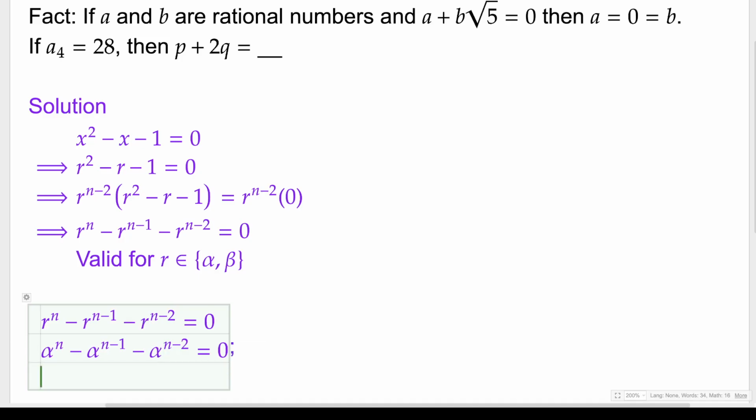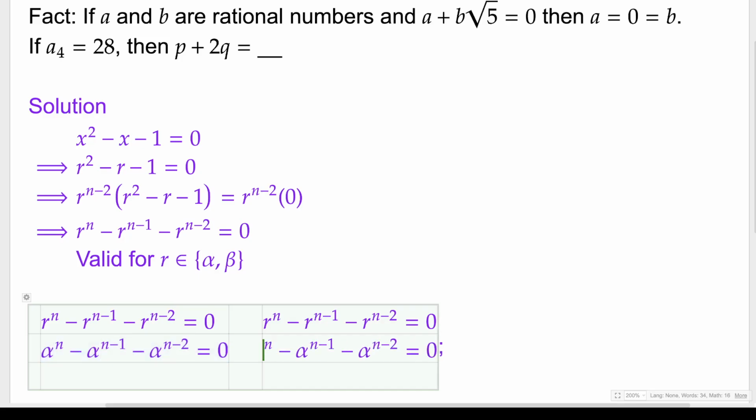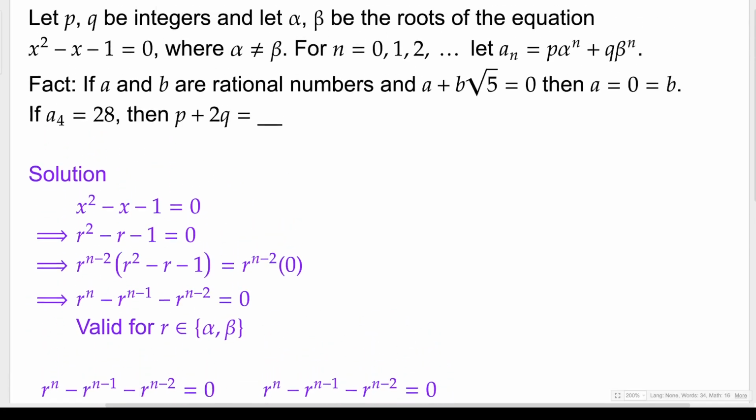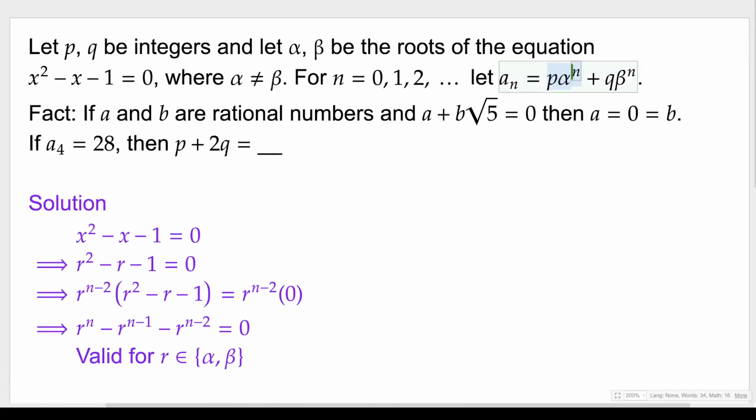In the next one, I'll replace this with beta. So this will be beta to the power n, then beta to the power n minus 1, and then beta to the power n minus 2. Now in this expression you can observe that with alpha to the power n, p is multiplied, and with beta to the power n, q is multiplied.